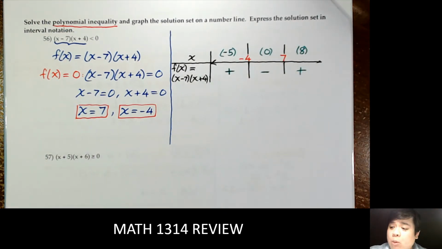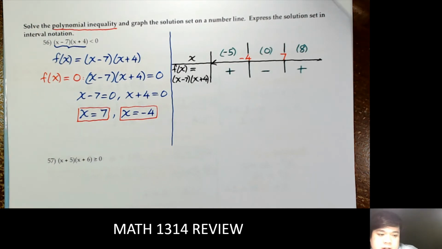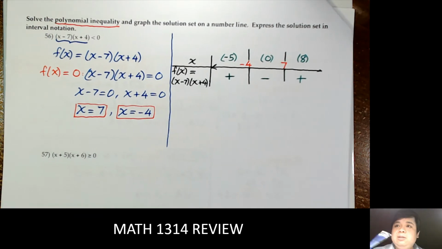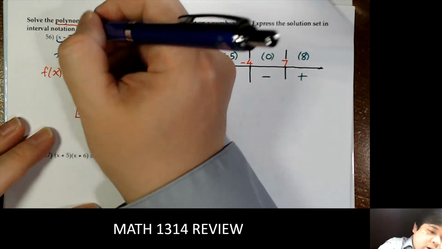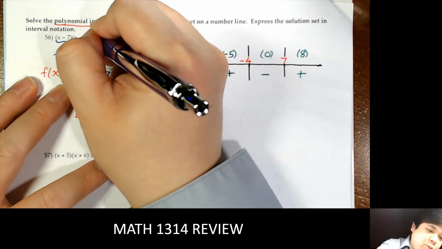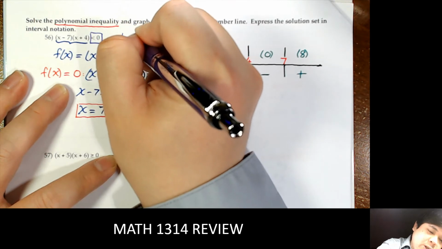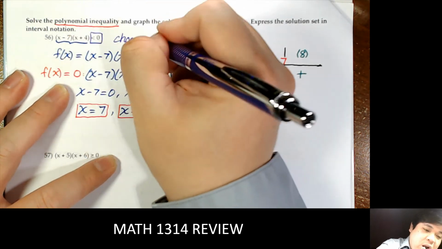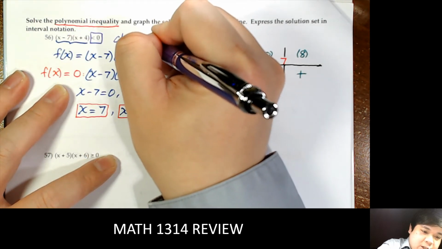Anyway, now we go back to our problem. In our problem, what we want is greater than 0. So what we mean is we're going to choose on the graph where it is positive.